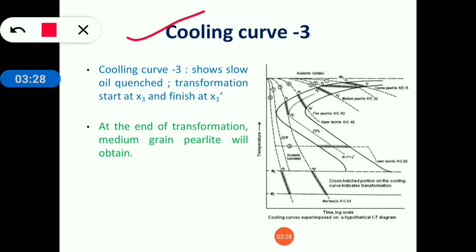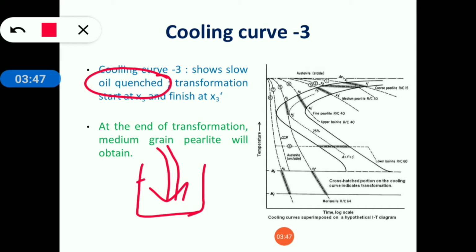Now cooling curve number 3, this one. It shows a slow oil quench. Oil quench means you quench or cool down your product by placing your sample into an oil bath. Suppose this is an oil bath, so in the oil bath just place your sample, and quickly it will solidify.